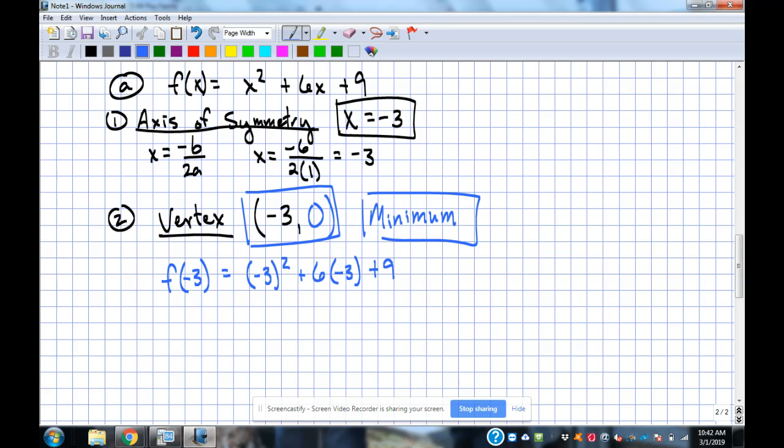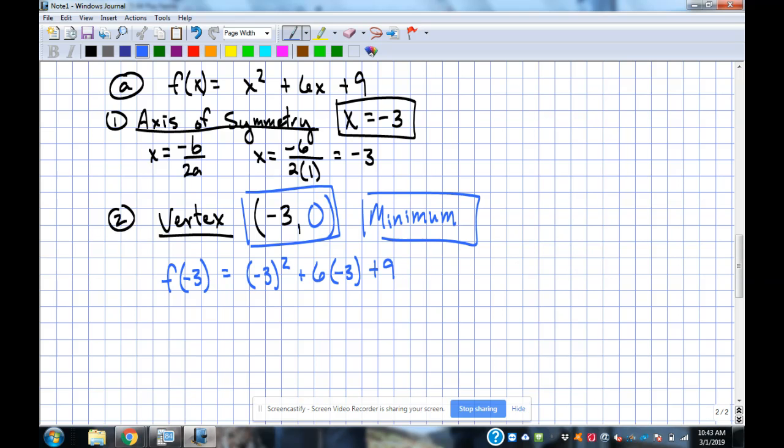It's all dependent on what A is in the original problem. Standard form, vertex form, intercept form, A decides maximum or minimum every time. So you can decide that before you even find the vertex. You don't have to find the ordered pair to decide if it's a maximum or minimum, just based on the A. So if A is positive, we got a minimum, and it's at this point, -3, 0.